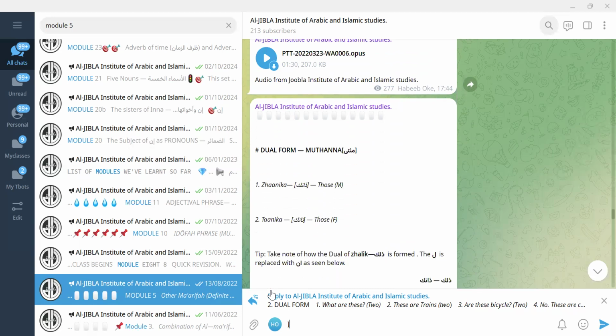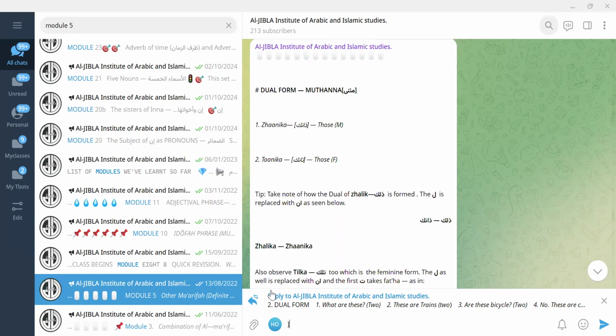Now let's look at the dual. How do we form the dual of ذلك? We say ذانك. Has anyone come across this word before? The word ذانك and تانك. Okay. Have you found it? Is it in Hadith or in Quran or in any other text?